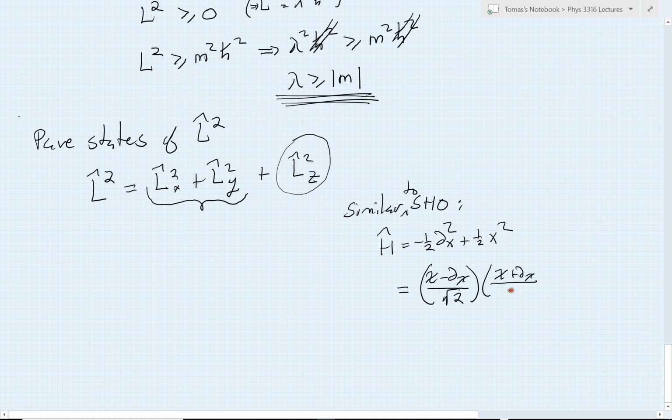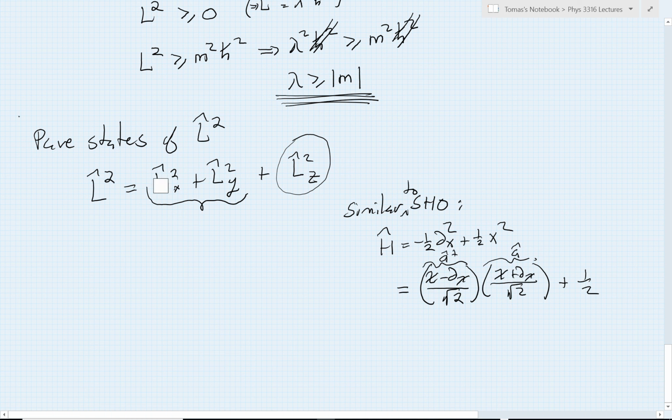There's also an extra piece that came from the commutator. You might recall this was A hat dagger, and this was the A hat operator. The advantage of this factorization was that we got linear equations in our operators, which were much easier to solve.